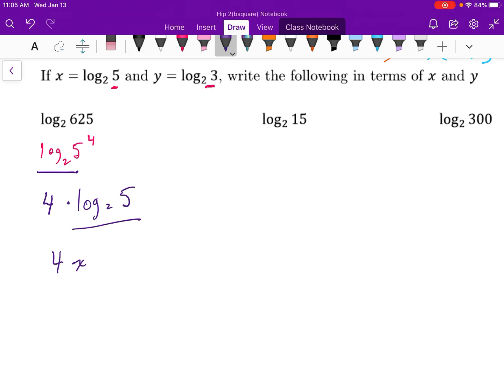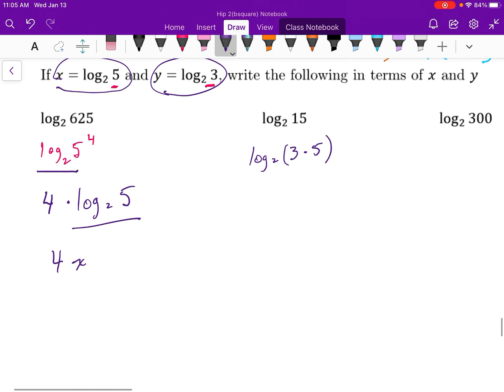Well, fair enough. Let's move on to the next one. Log base 2 of 15. Well, if I'm trying to use these two identities, I can split this up into log base 2. How can I split up 15? Oh, I know. 15 is just 3 times 5.